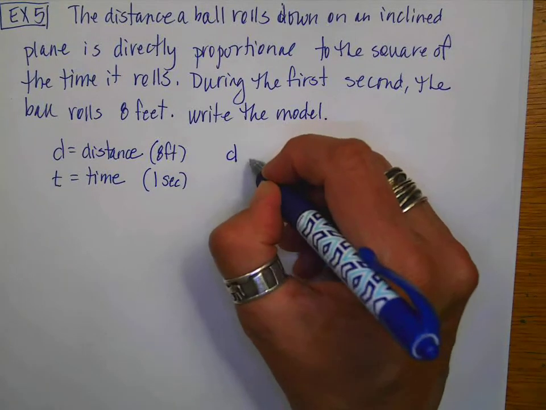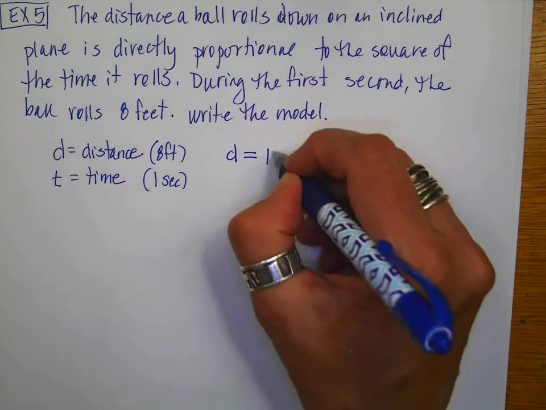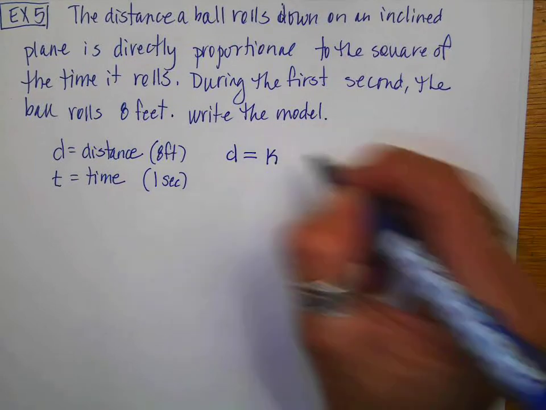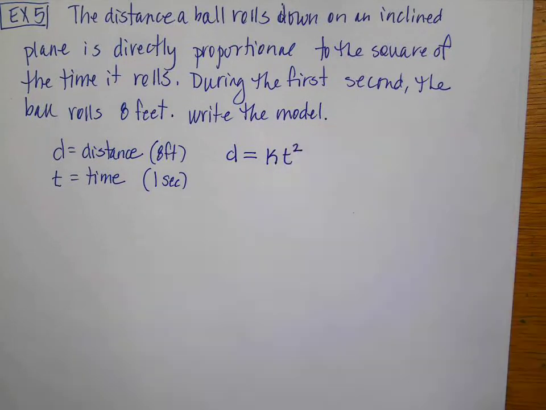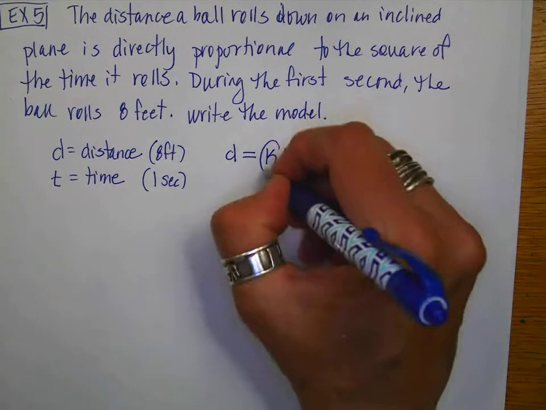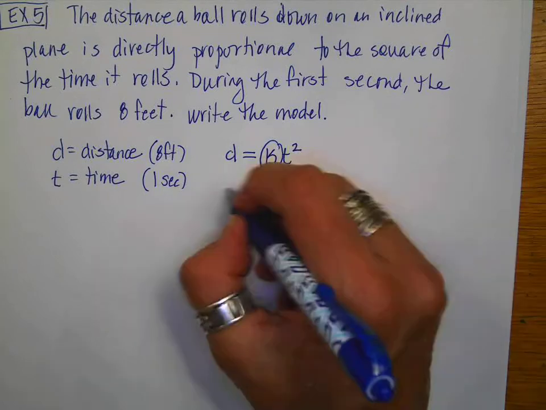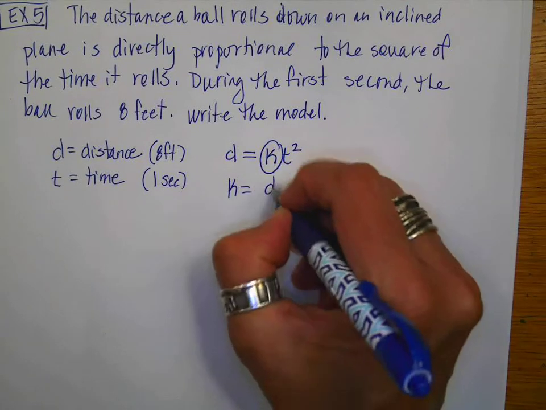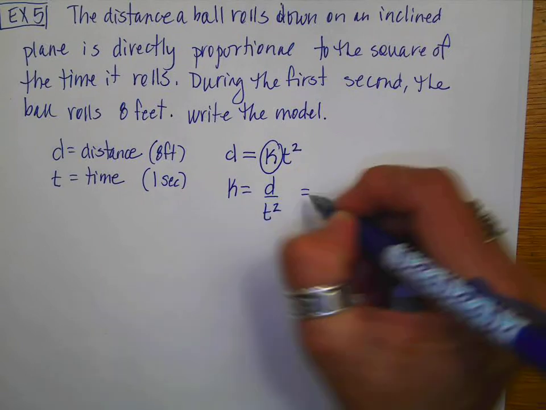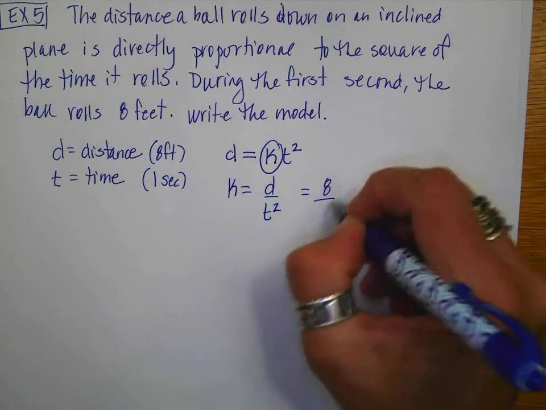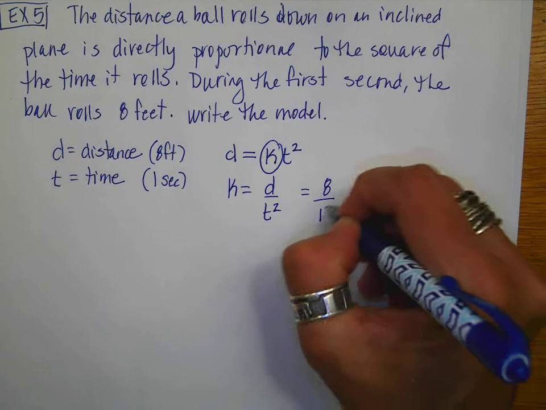So now I can write the model. It says the distance a ball rolls down a plane is directly proportional to the square of the time it rolls. So there's my model. I have to solve for K so that I can write an accurate model. So K is equal to distance divided by time squared.